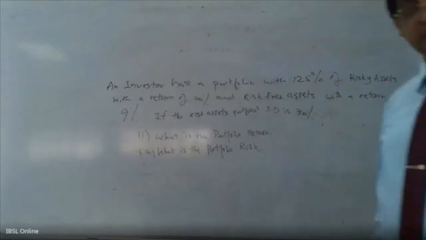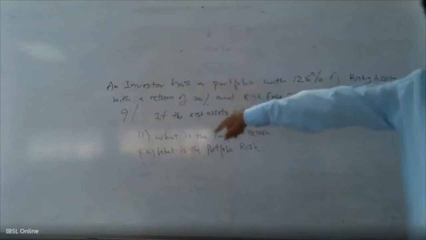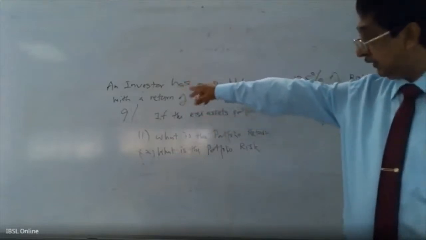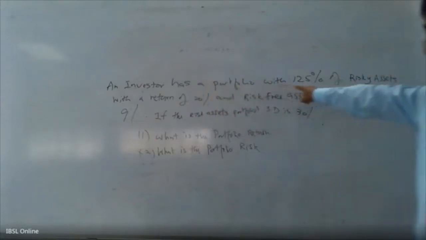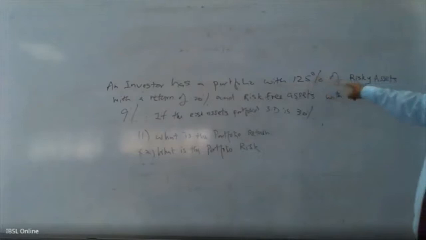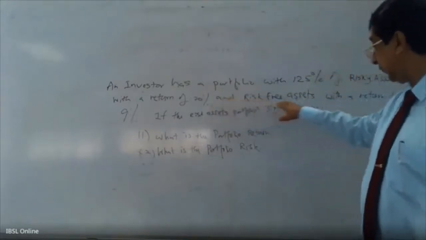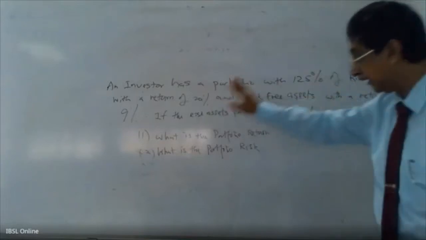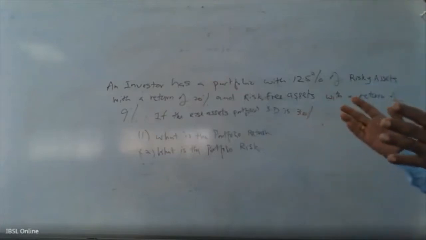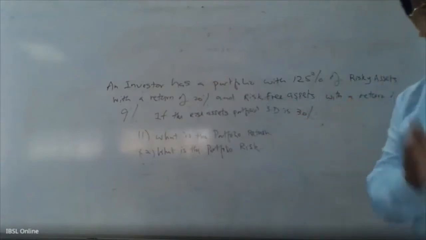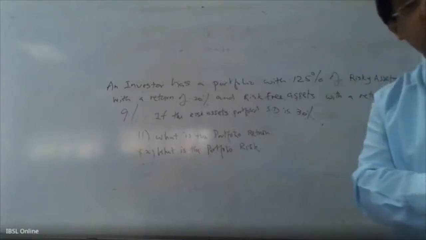I will go through it again and read it. An investor has a portfolio with 125% of risky assets with a return of 20% and risk-free assets with a return of 9%. So the risky asset will have a return of 20% and the risk-free asset a return of 9%, and the weight of risky assets should be 125%.